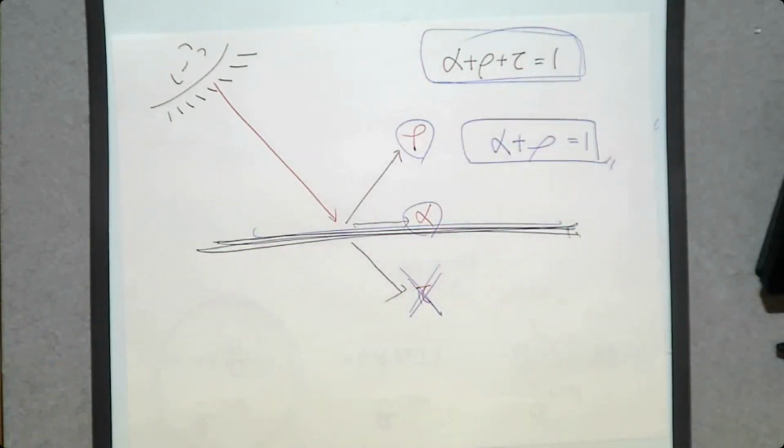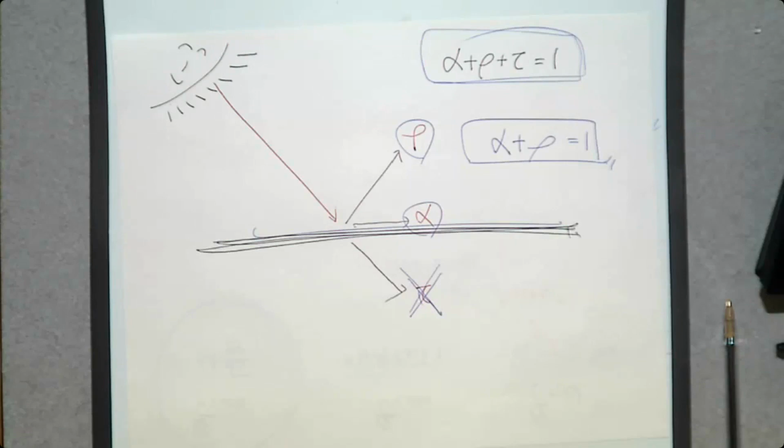Now, for thermal equilibrium, the incoming radiation should be the same as the outgoing radiation to maintain thermal equilibrium. So what is incoming radiation for this surface? This alpha, right? And what is outgoing radiation?